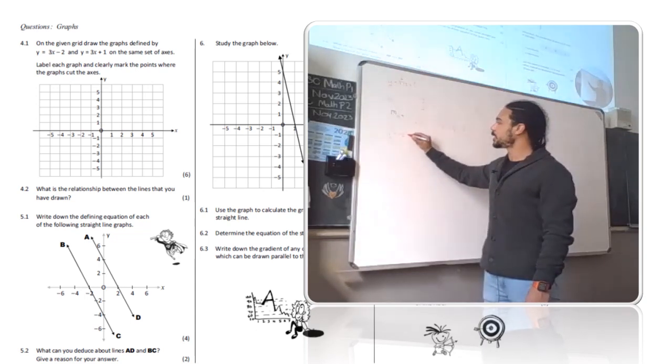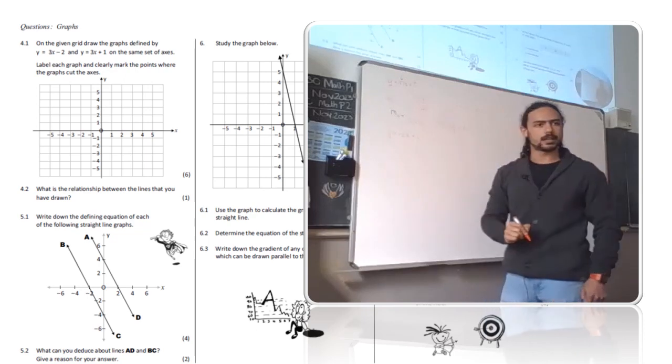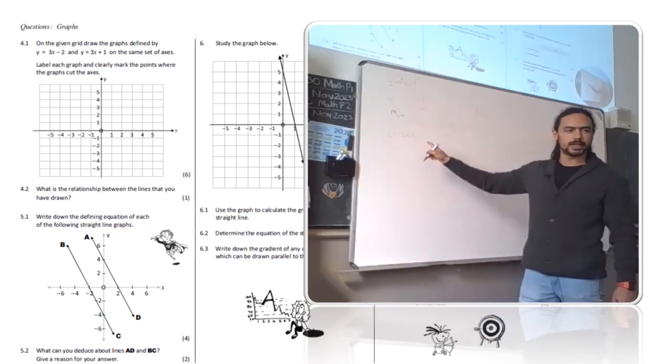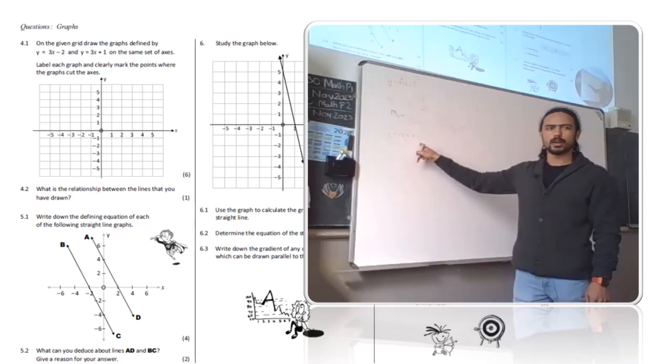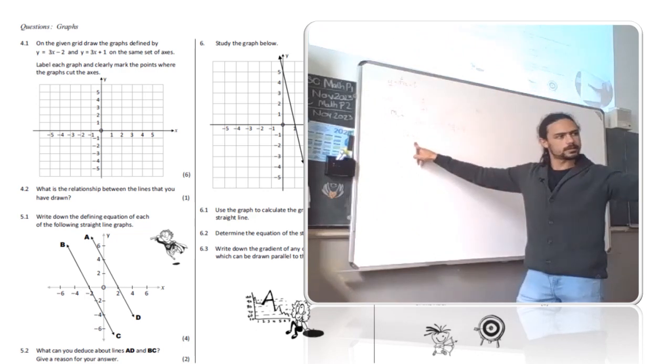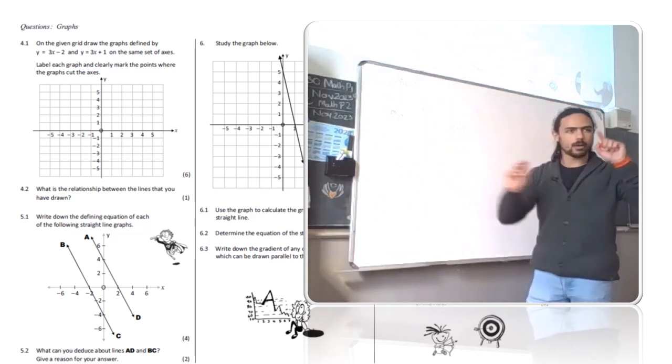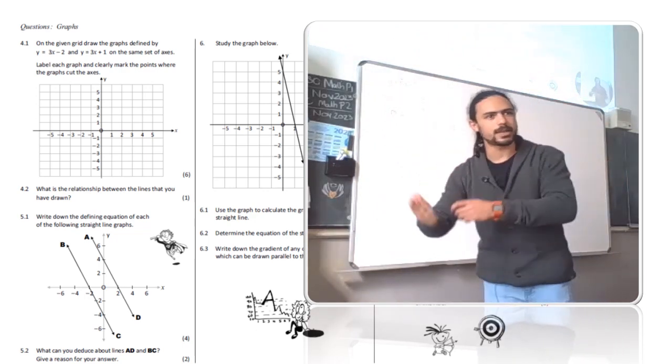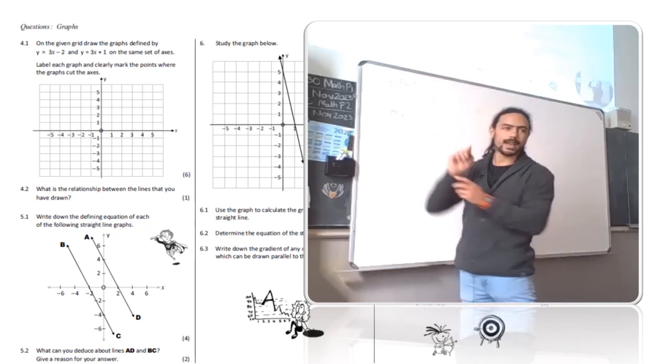So therefore, I can now say y is equals to negative 2x plus c. But do I want to leave it with that c? No. I want to know what that c value is. And we know the c value is actually the y-intercept. What does that mean? The y-intercept means where it cuts the y-axis.